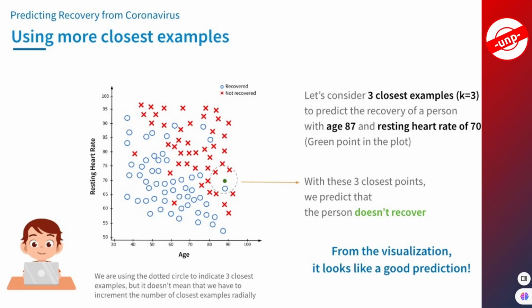As you can see on the screen, of the three closest points, 2 belong to the not recovered category and 1 belongs to the recovered category. Since the maximum data points belong to the not recovered category, we can predict that the person falls into the not recovered category. Thus, this visualization gives us a good prediction.